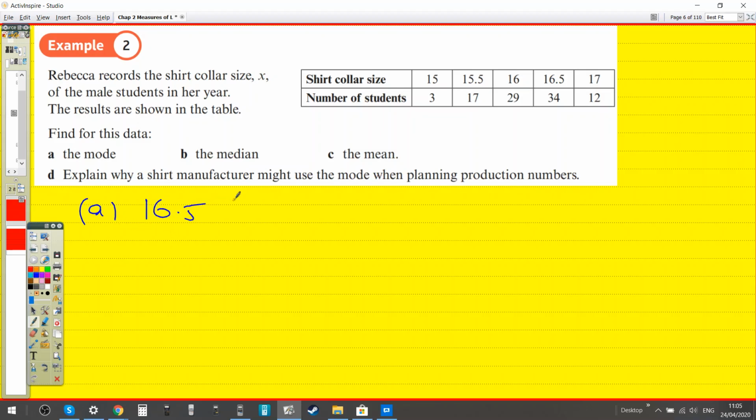Yep, that's it. How about median? Do I actually have to put them all in order now? They're already in order. So if you were to write these out the long way, it would be 15, 15, 15, because there's three of those. Then there'd be 17 15.5s, and so on.